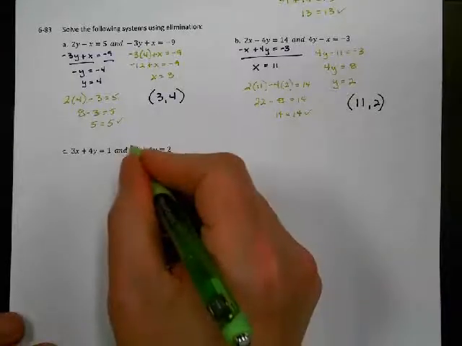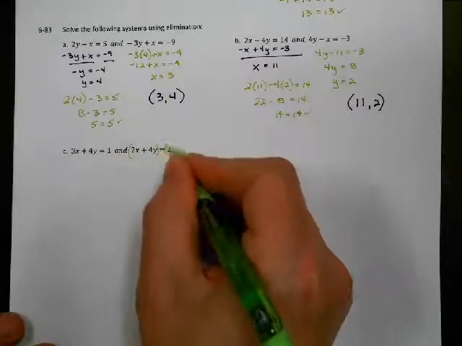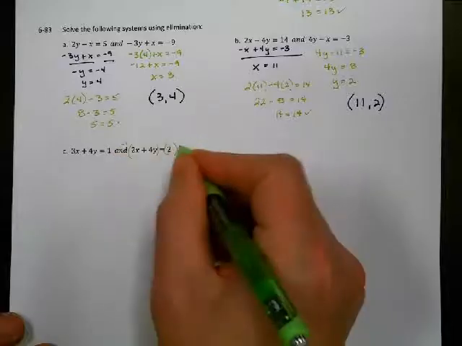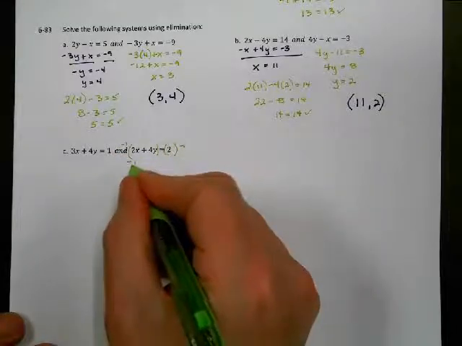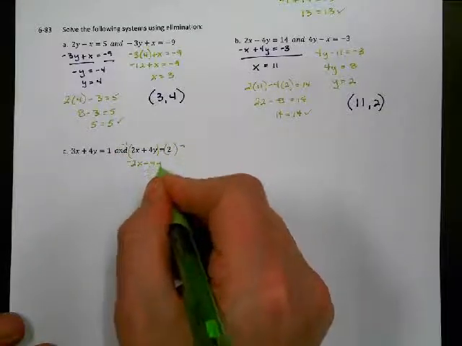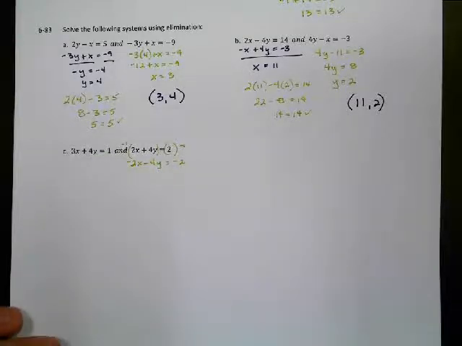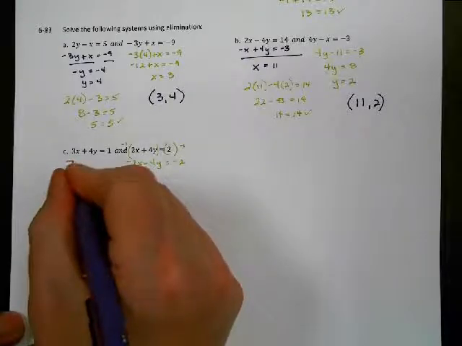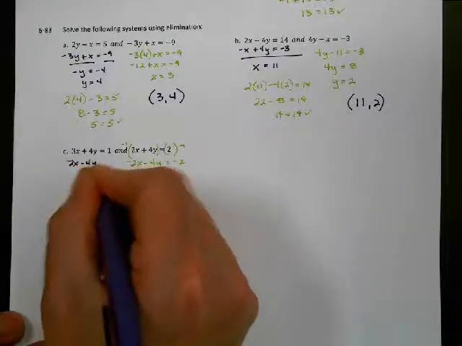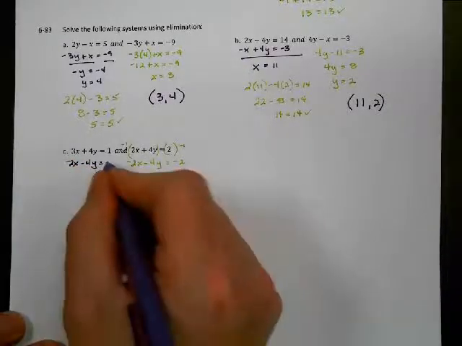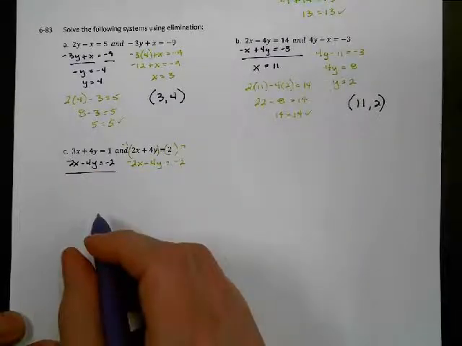And I would get negative 2x minus 4y equals negative 2. And now the y's would cancel each other out. So the x's just give me x, and 1 minus 2 is negative 1.